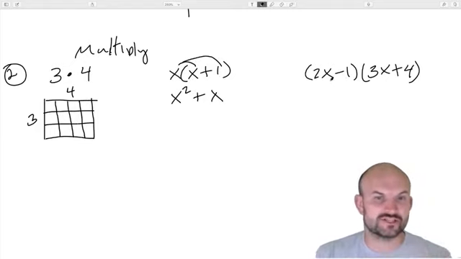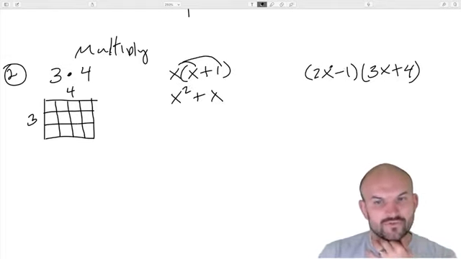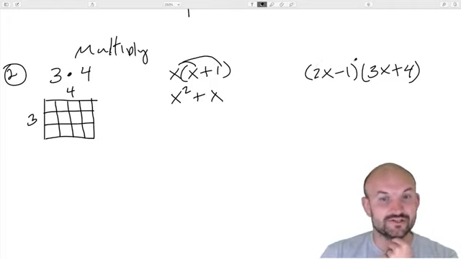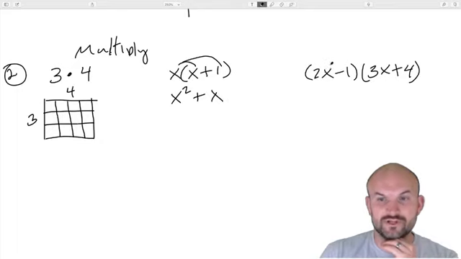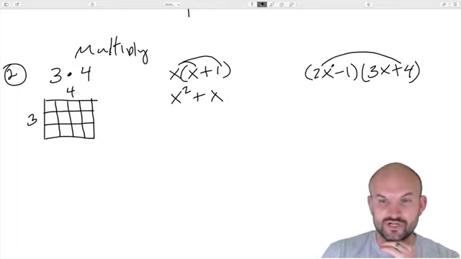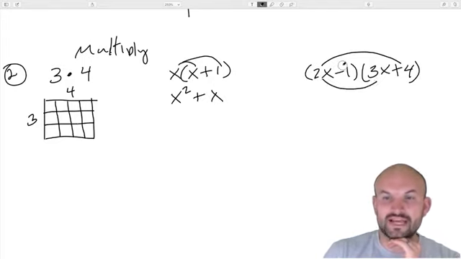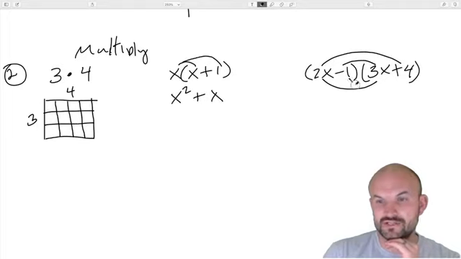So the first way, I'm going to go back to this parentheses way. If I need to apply the distributive property, you need to apply it to both terms. So we're going to multiply 2x times both of these terms. And then we can multiply the -1 times both of the terms.